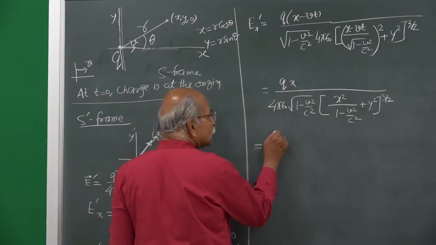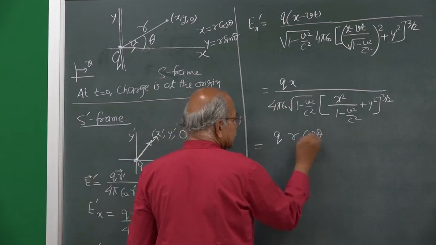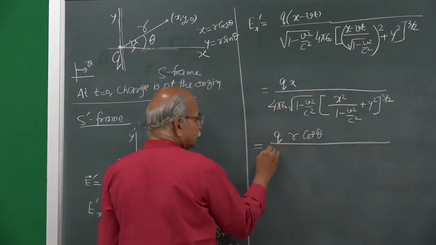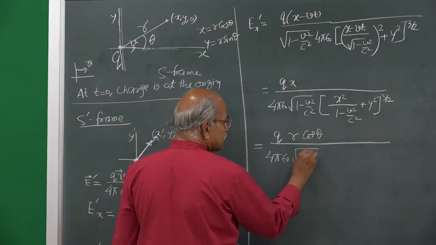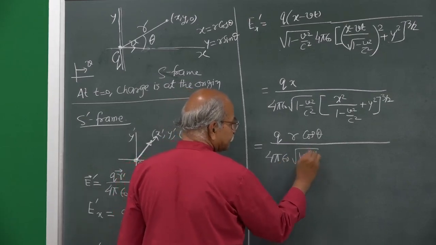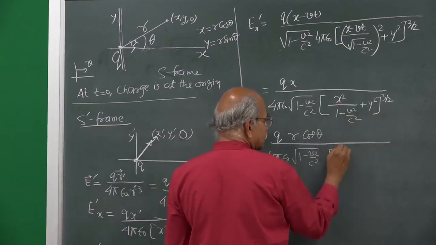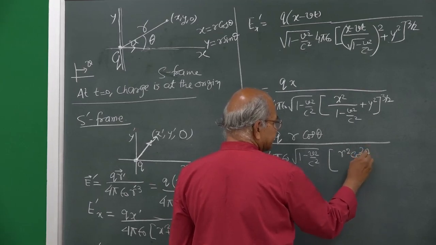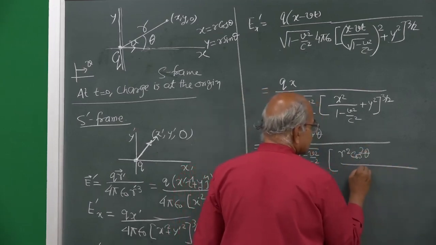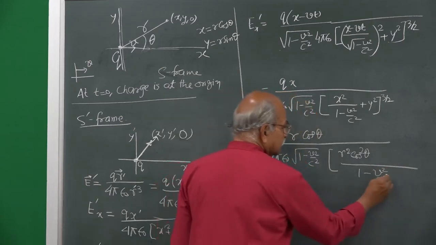This will be equal to q x, which is r cos theta, divided by 4 pi epsilon naught square root 1 minus v square by c square, and this side here is r square cos square theta, and let me take this denominator here.